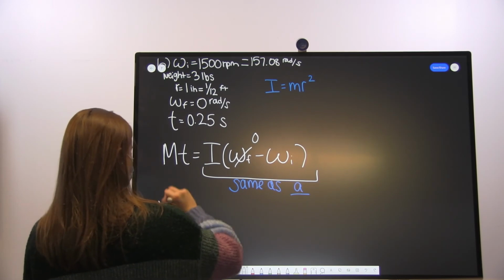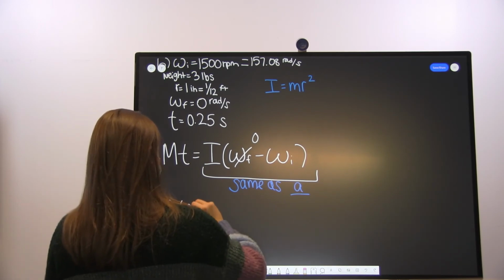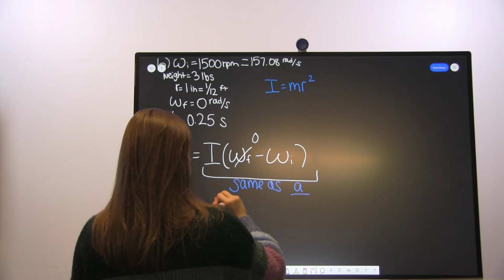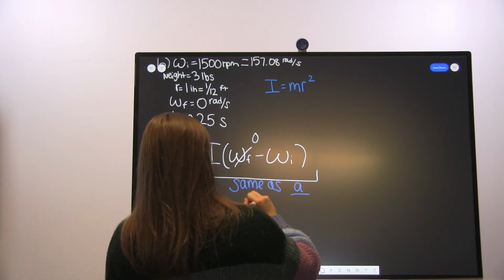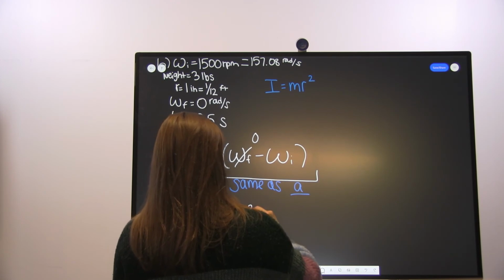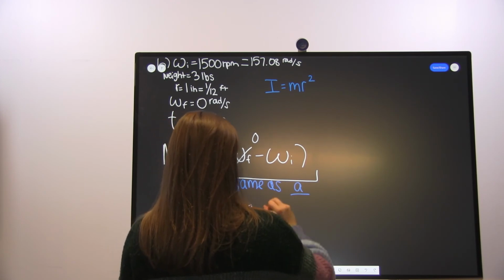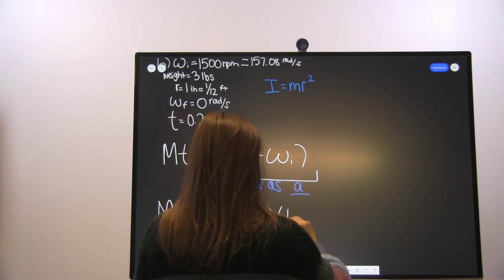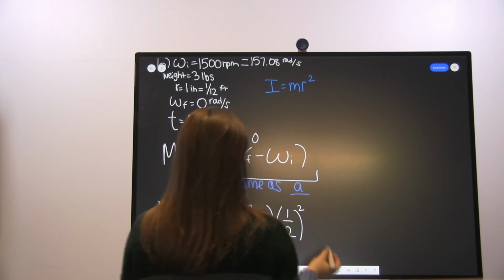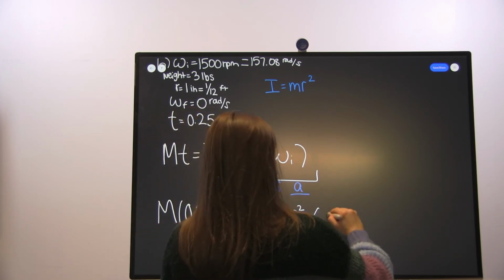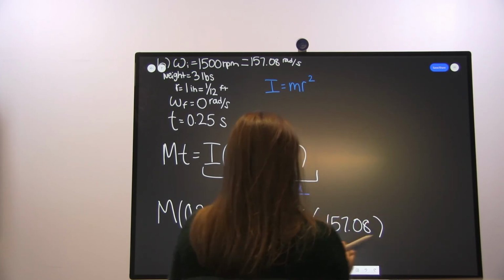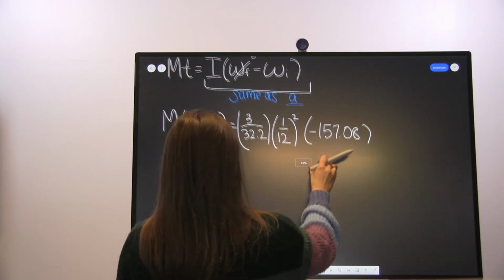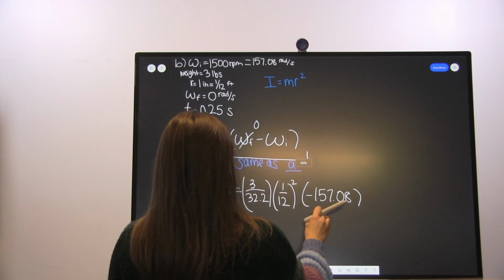So we're going to solve for moment, so we don't know that. But moment times 0.25 is equal to 3 divided by 32.2 times 1 divided by 12 squared times negative 157.08.